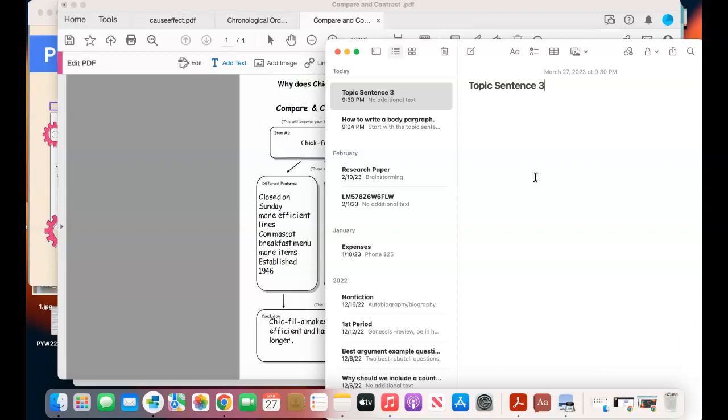So on a sheet of paper, on your document, I want you to write these topic sentences out. So I might say, Chick-fil-A is more efficient than Raising Cane's at feeding customers.